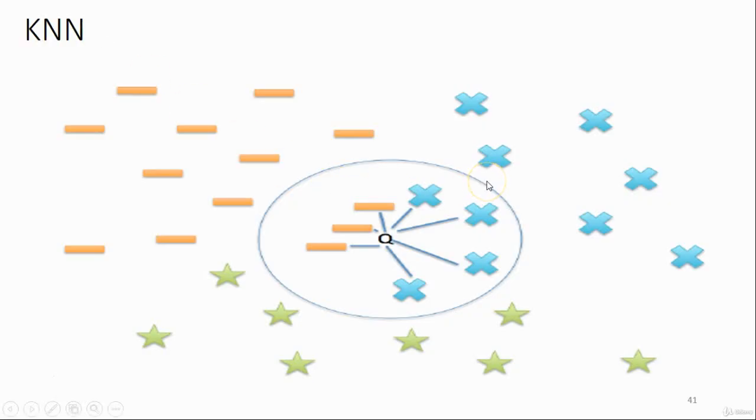Whenever you say I have 5 nearest neighbors, it means you take any one point which you want and then another 4 neighbors, because you yourself are a neighbor of yourself. So 1 plus 4 becomes 5. It gives you another 4 points which are near to that particular data point. This is how KNN works.